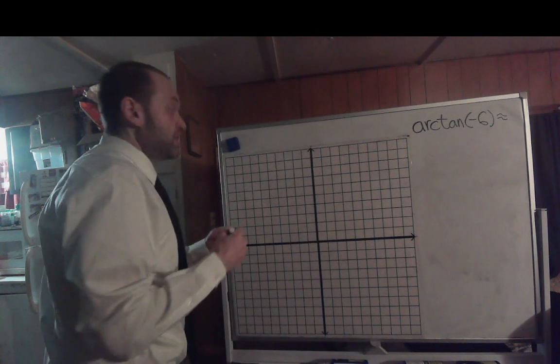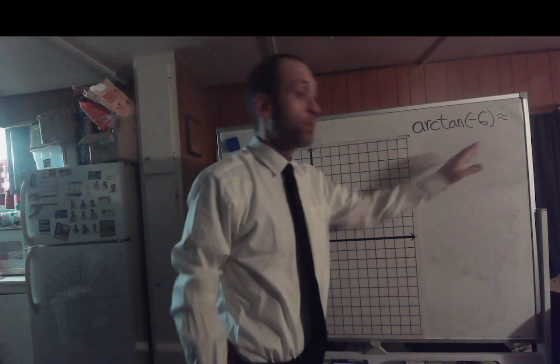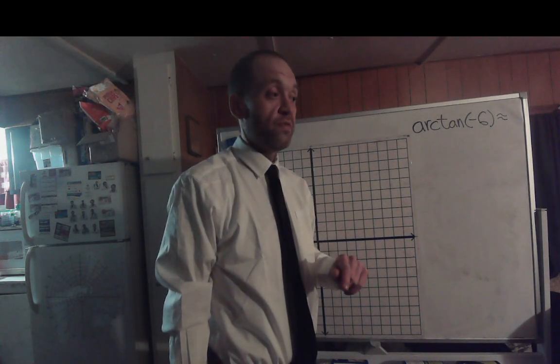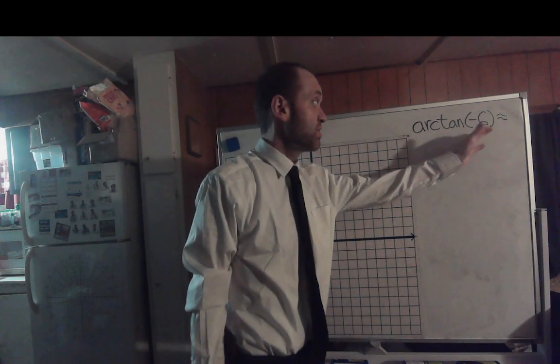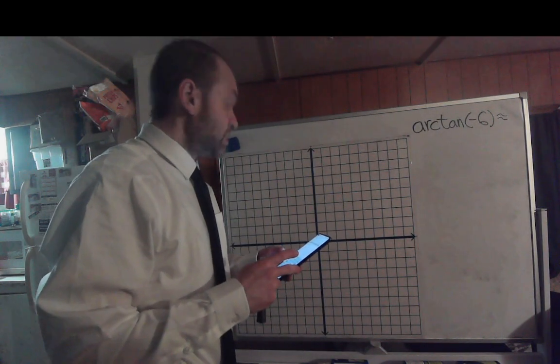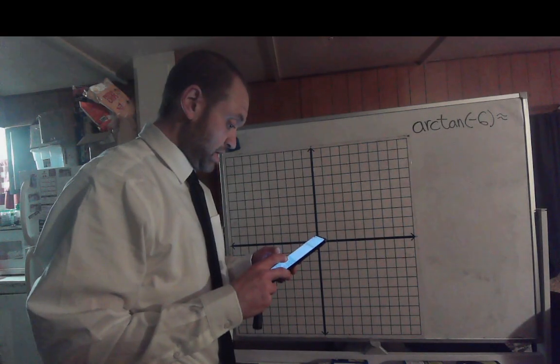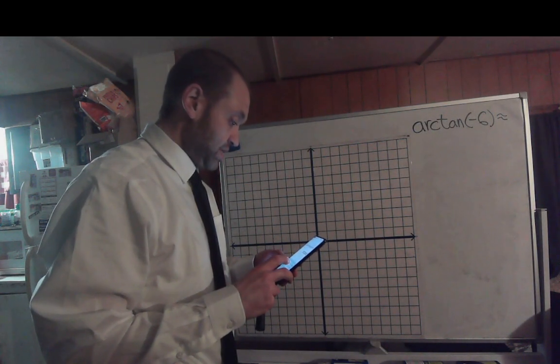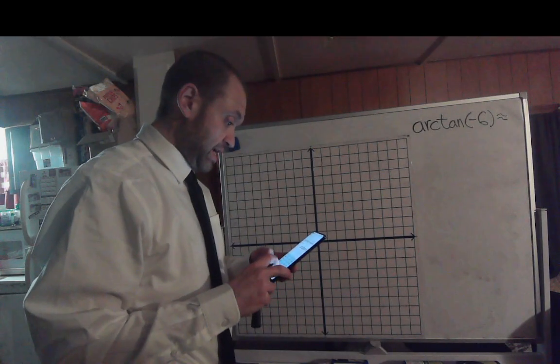Now, good one. Arctangent of -6. So we're going to take the arctangent of -6. Well, what's the domain of the arctangent function? It's all real numbers, so we can definitely do this. The arctangent of -6 gives us about negative 80.54 degrees.